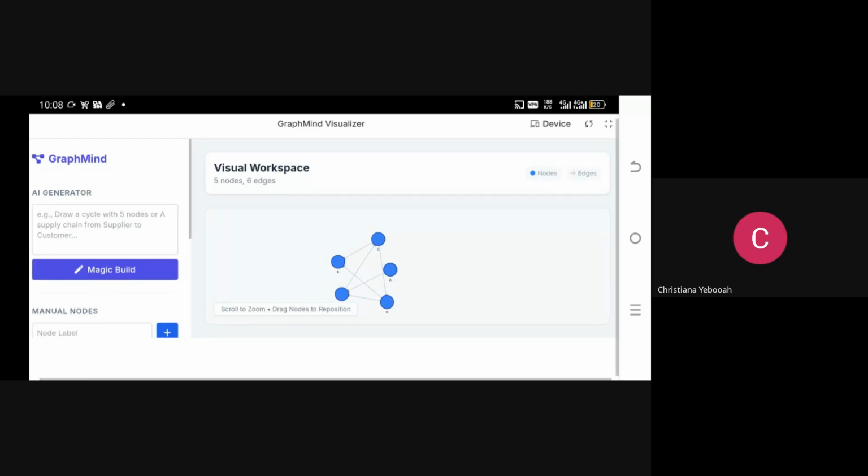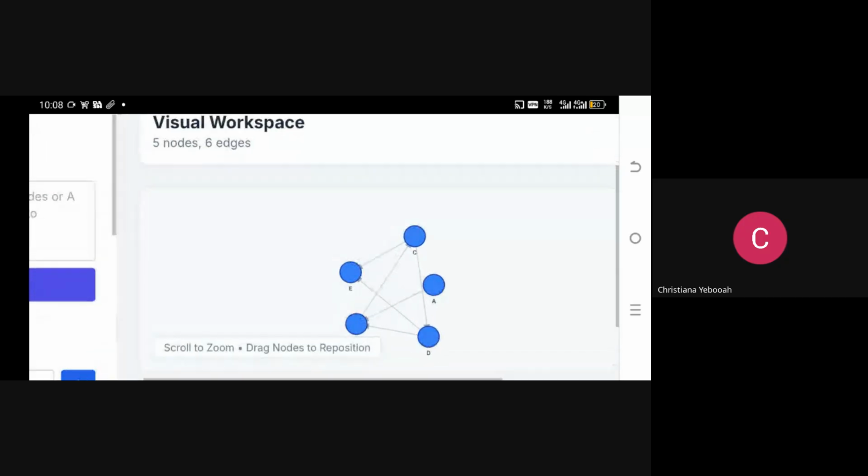But with the diagram he has here, he made it in such a way that vertex A is connecting to B, vertex B is connecting to C, and C is connecting to D. When you do it like that, you see that vertex A is only connected to B. But per the explanation given to us when you were presenting, that is not how it's supposed to be. That is why you got that answer.